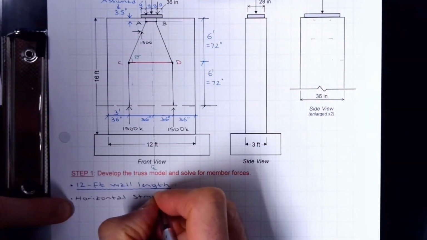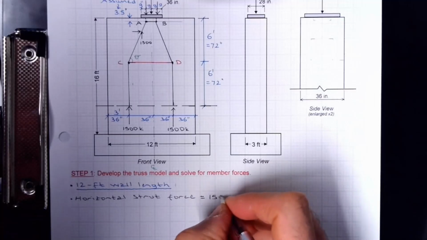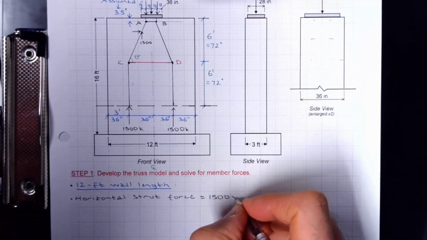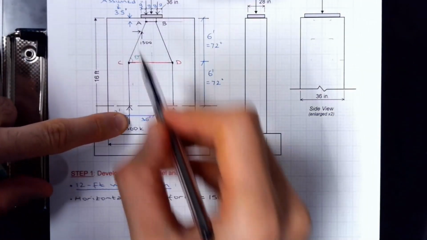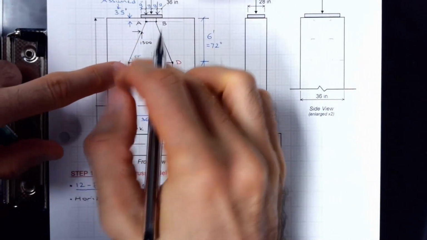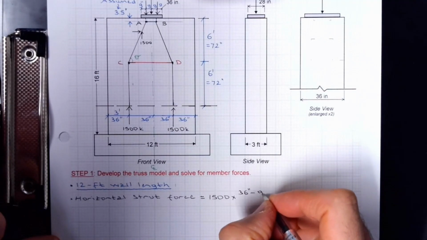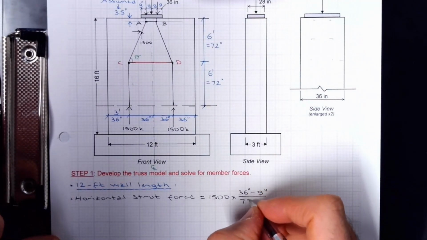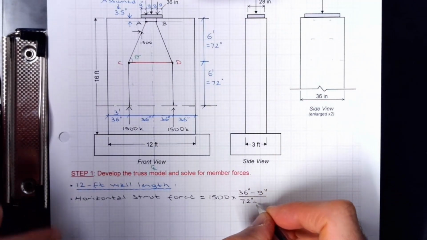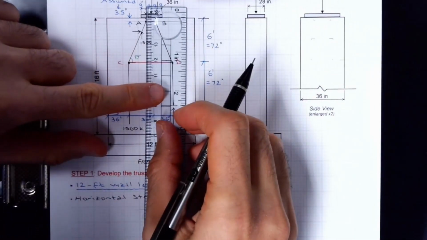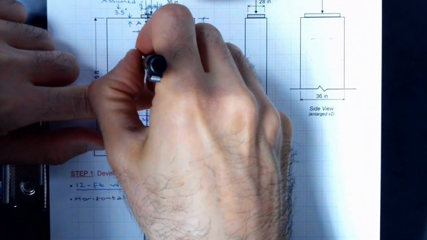Horizontal strut force, which is pretty important. 1500 times 36 minus 9 inches is going to give me the horizontal distance. So 36 inches minus 9. In terms of vertical distance, 72 inches minus 3.5. In other words, what I am calculating is this.